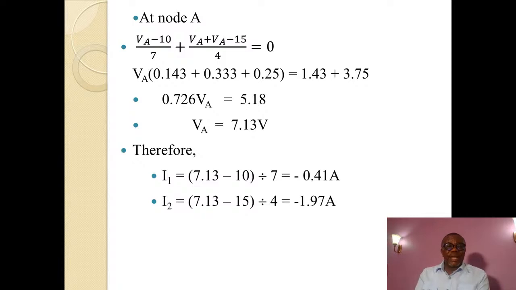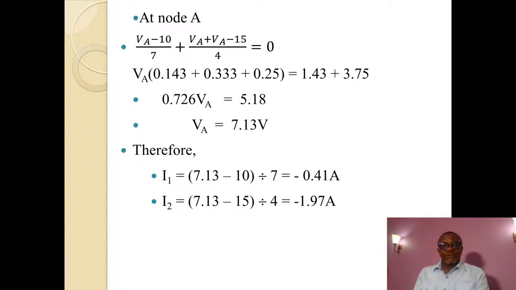Therefore, I1 will be equal to 7.13 minus 10, divided by 7, which will give you minus 0.41 ampere.